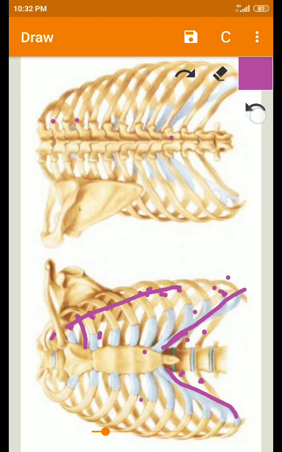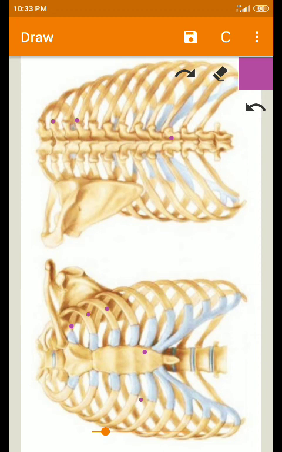Now, the thoracic cage possesses some joints which permit its movements. It has many joints, but the main joints that help in the movements of the thoracic cage during breathing are the costovertebral joints.